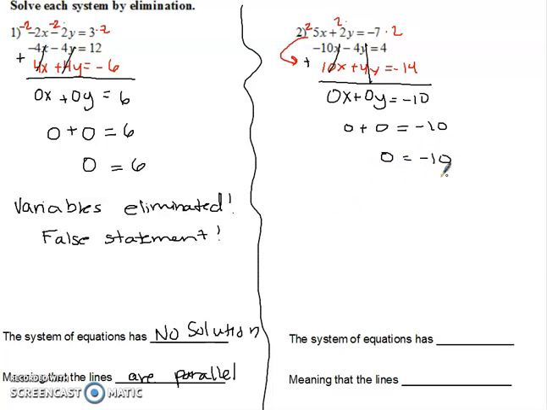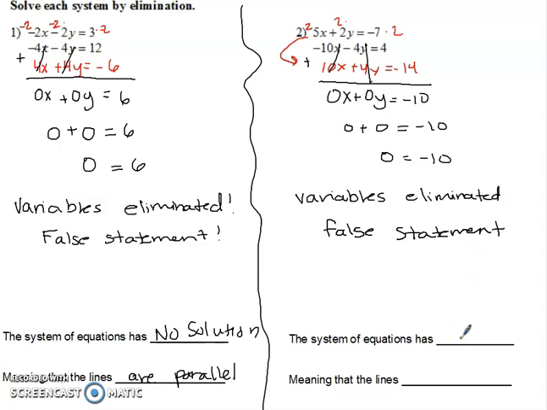So we are looking for the value of the variable that makes the statement true, but all of our variables were eliminated. So there is no x value or y value that will ever make that statement true, and 0 does not equal negative 10. This is a false statement. It makes no sense. Therefore, our system of equations has no solution, meaning that our lines are parallel.